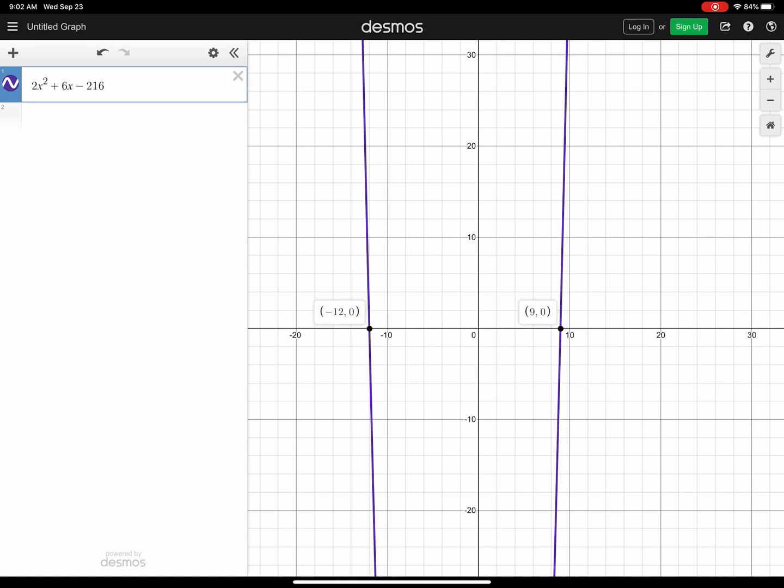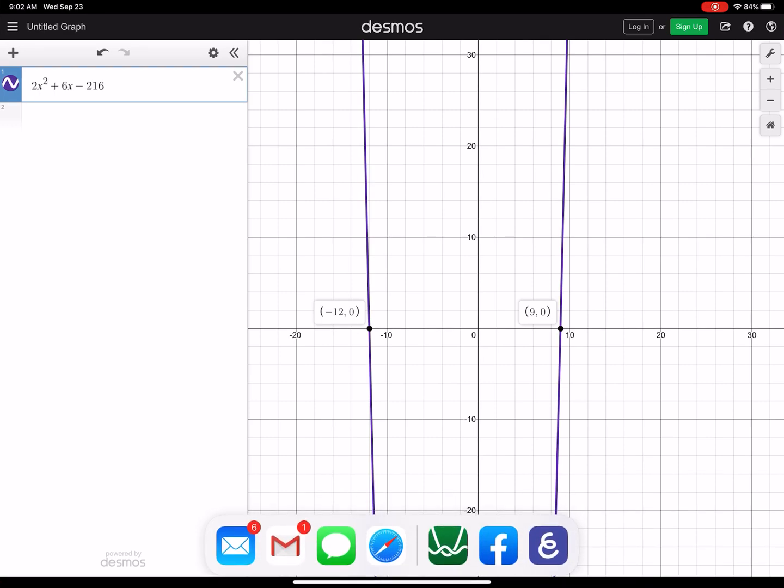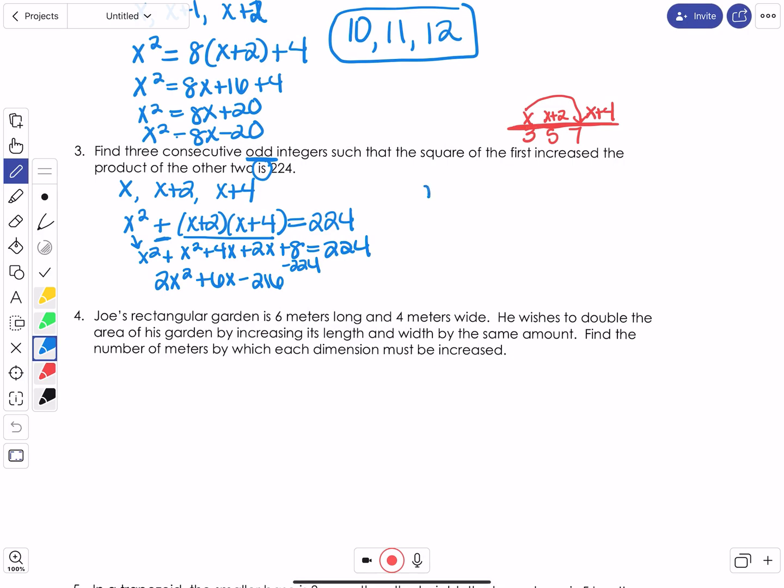The other is negative 12, and negative 12 is an even number, okay? So that's how we know it's not negative 12, because it's not odd. It says find 3 consecutive odd integers, so negative 12 is not going to work anyway, so we want the 9. The 9 is the odd number. So it's going to be 9, 11, and 13.